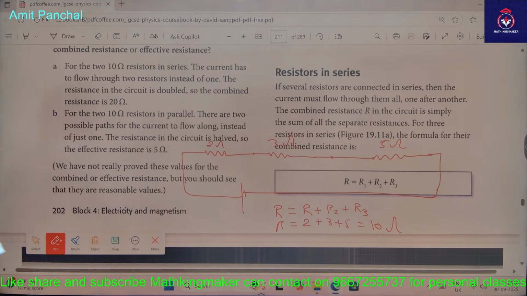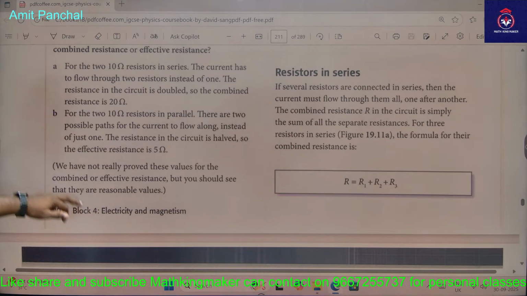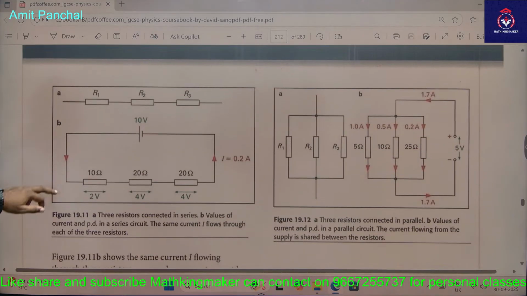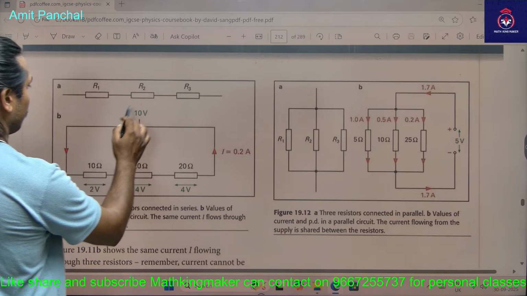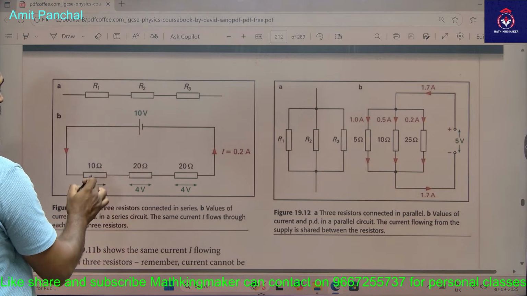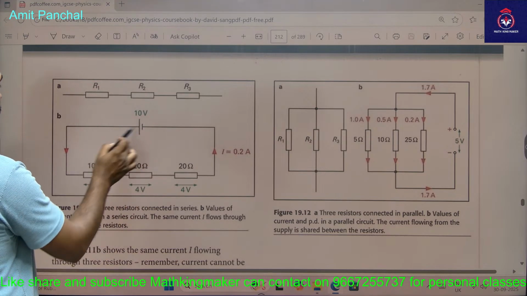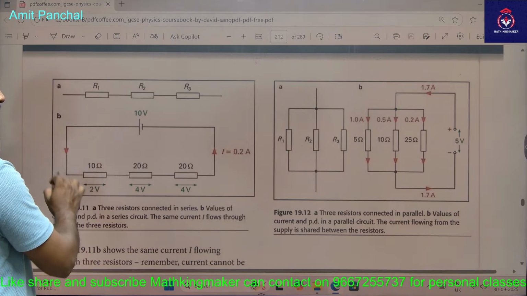And what is a parallel combination? This one is an example of a series combination. Just remember, in a series combination, your current will always be the same in all the resistances, but voltages will be different. Let us say this is a 10 volt battery, and there are 10 ohm, 20 ohm and 20 ohm resistances. The current will be the same.